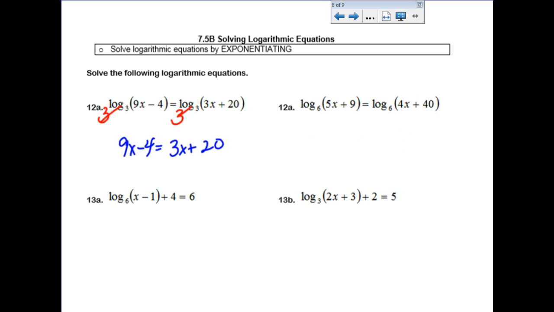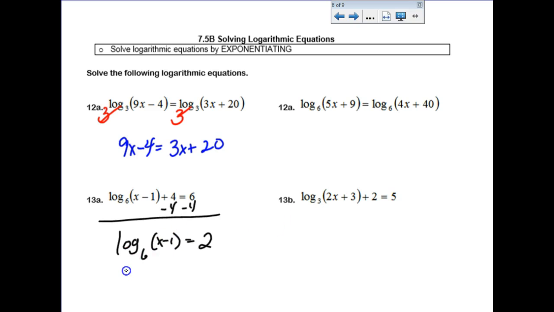Guys, for the sake of time, I'm going to assume you can solve a 2-step equation, and we're going to move on to 13. I'm not ready to exponentiate yet, people. Subtract 4. So I have log base 6 of x minus 1 equals 2.